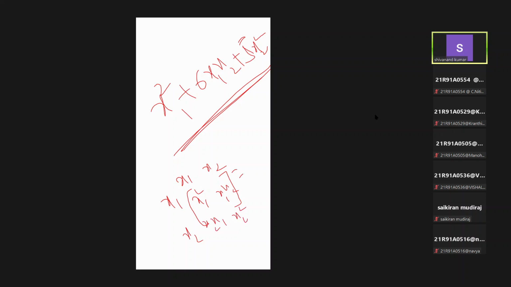Instead of these, you have to write the coefficients. The x1 square coefficient is 1, the x2 square coefficient is 5, and the x1x2 coefficient is 6, so you have to split it into two parts, 3 and 3. This is your quadratic form, an equation turned into a quadratic form. Understood?